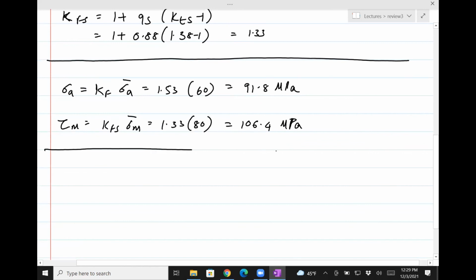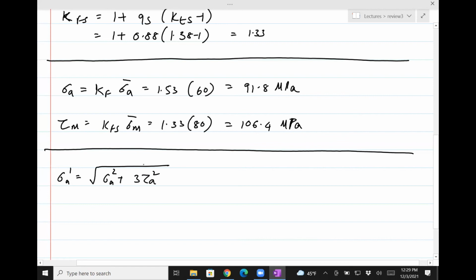Okay. Now we can find the von Mises stress. So sigma A prime, this is the von Mises stress due to alternating load, is the square root of sigma A square plus 3 times tau A square, but the alternating shear stress is 0. So sigma A prime is sigma A, which is 91.8 MPa. Sigma M prime is the square root of sigma M square plus 3 tau M square, but sigma M is 0.